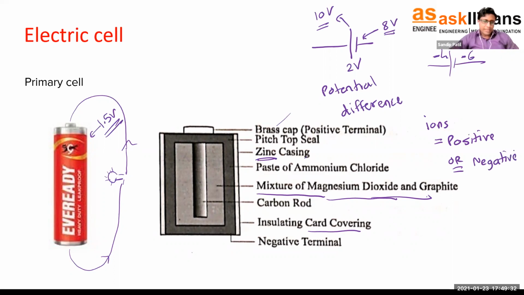When we say positive and negative ions, they are actually transferring in that electrolyte. Therefore, obviously, the rod and that negative terminal are going to get positive and negative charges. So this is all about the cell, how the potential difference occurred there and how the current is going to flow.